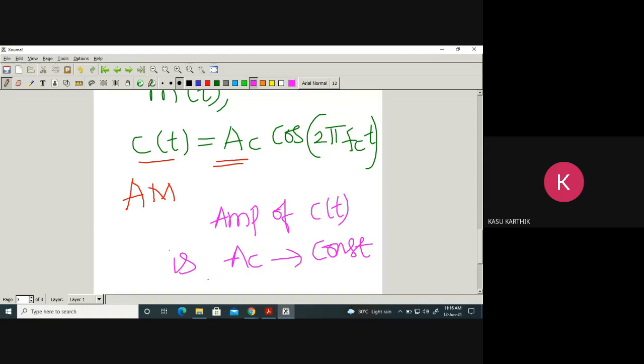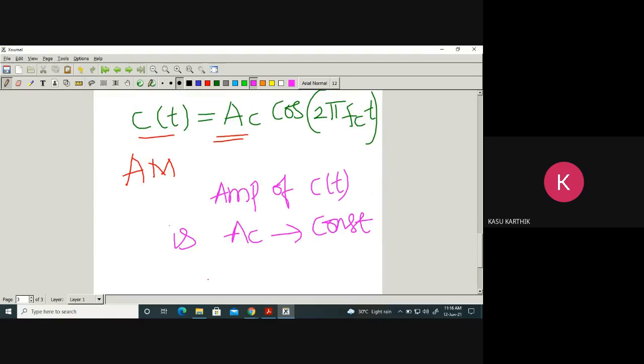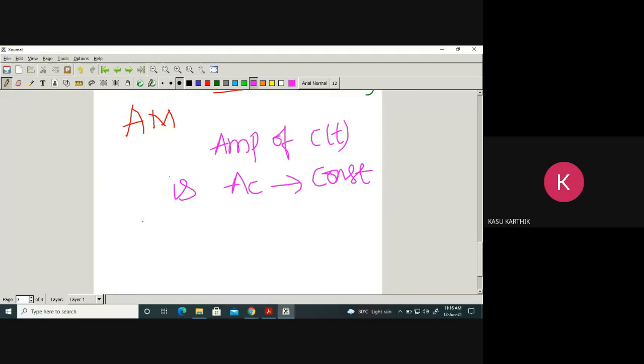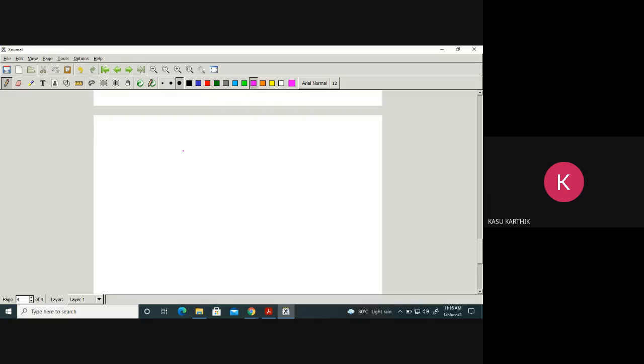Okay, so that is before modulation. Okay, so this is before modulation. Now, so what is AM?